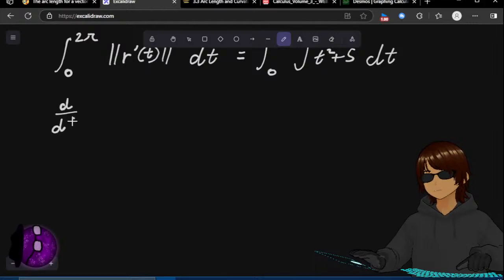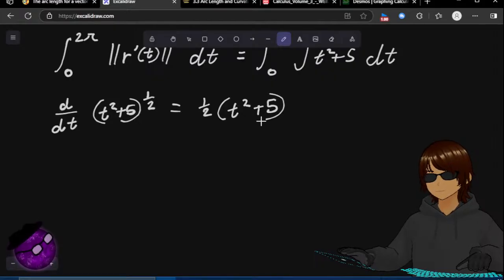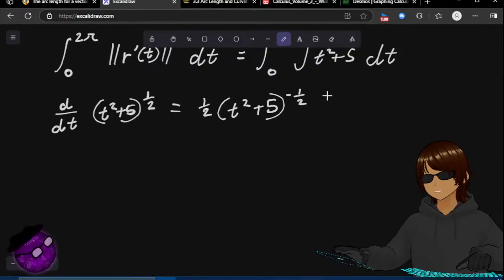Derivative of t squared plus 5 to the power of half. So derivative of this. So half, t squared plus 5, minus half. And then times this by 2t plus 5.